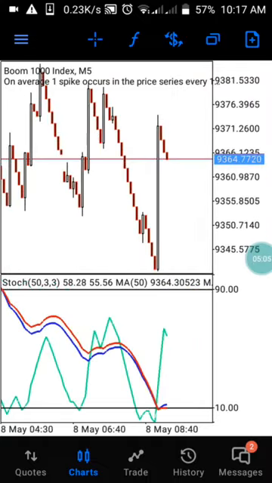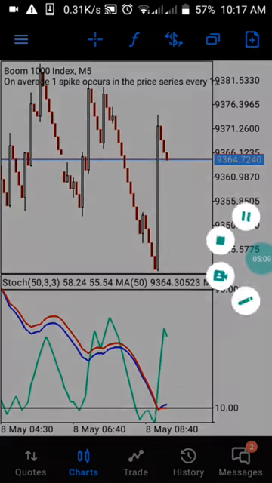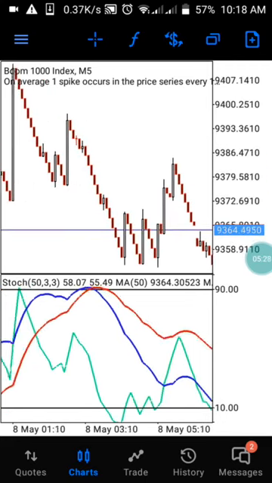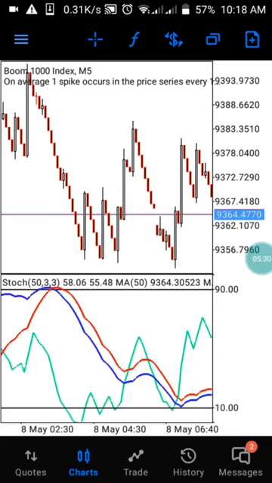So guys, you can also use this strategy to catch a spike. What you just need is, when the moving average is ranging below the 10 level, then you know that this particular strategy is going to give us a spike very soon, and the moving average is respecting that zone too. Like something that happened here, if you keep checking, you see the same thing always happens.